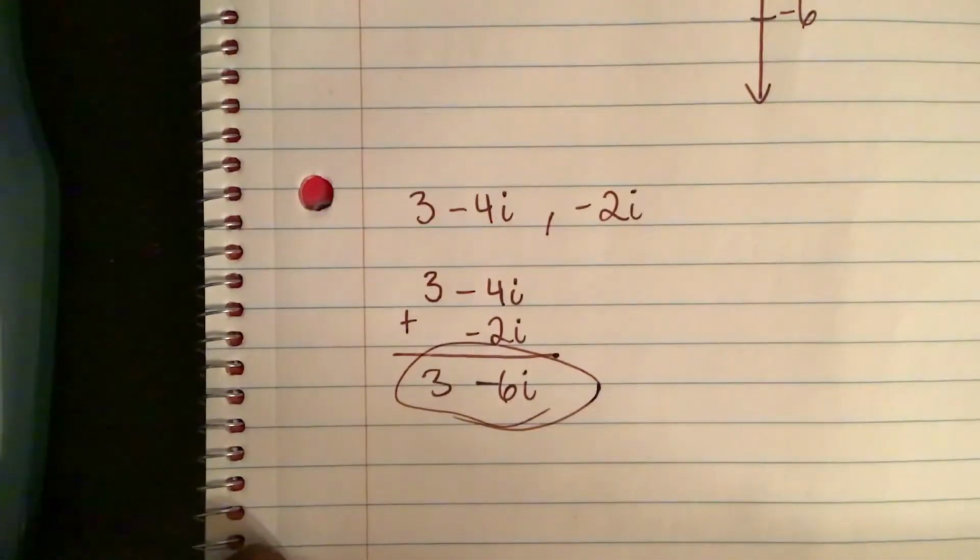Our next question. This one is definitely a lot more complicated. So right now, we're going to take this, 12 times the cosine of 135 plus i times the sine of 135, and we're going to take this complex number and put it in rectangular form.